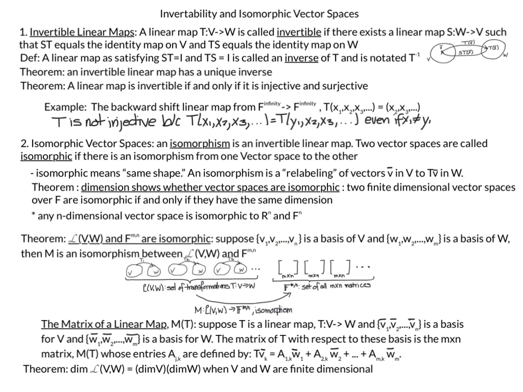So suppose V1, V2 up to Vn is a basis of V, and W1, W2 up to Wm is a basis of W, then M is an isomorphism between the space of linear transformations and the set of matrices. And this matrix M was defined in our previous video when we talked about matrices of transformations. Finally, we have this theorem that the dimension of the space of linear maps from V to W is equal to the dimension of V times the dimension of W when V and W are finite dimensional.